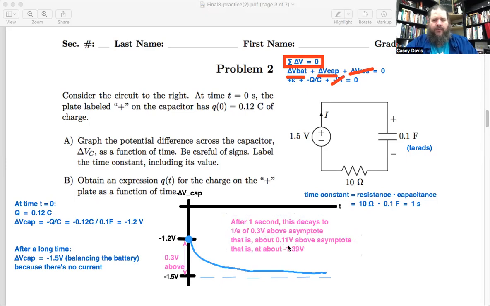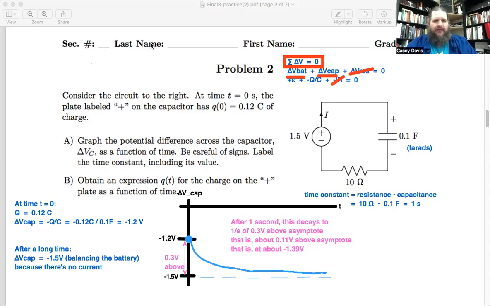Because that's 0.11 volts above negative 1.5. That tells us after 1 second, the voltage on the capacitor should be negative 1.39 volts, because that's 0.11 volts above the asymptote, which is 1 over E of the original difference, 0.3 volts.